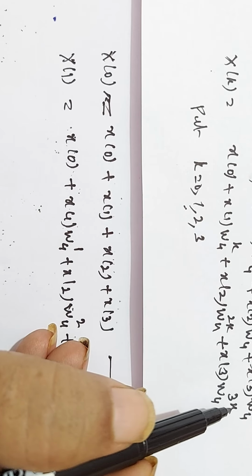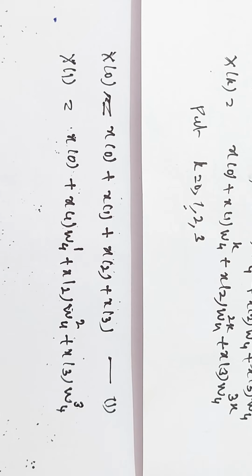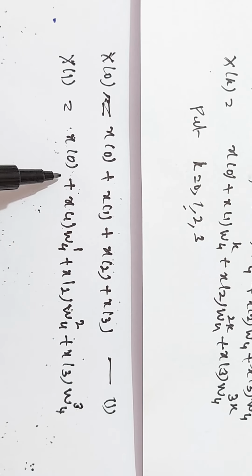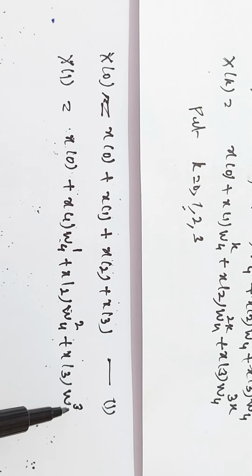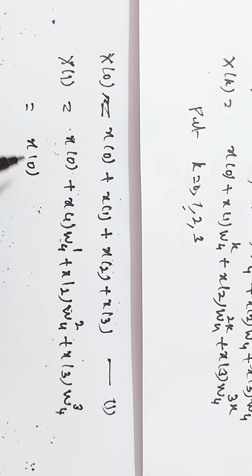Here k is 1, therefore 3 into 1 is 3. Now, you know these values of W4 0, W4 1, W4 2, W4 3. Substitute these values. We get x of 0 plus W4 1.